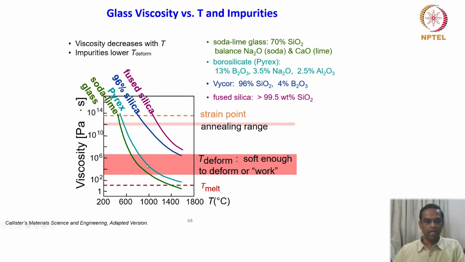A glass forming plant will have the typical viscosity of the glass melt, and then they blow it, right? The glass blowing and all that. So it's quite important in application.